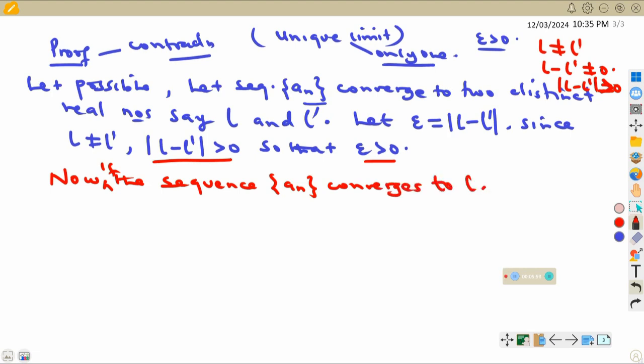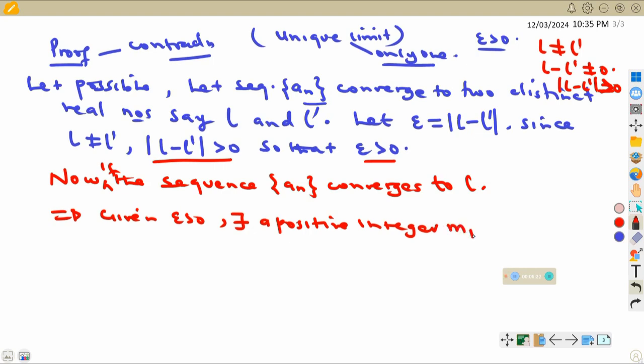By definition, for a given epsilon greater than 0, there will exist some positive integer, which we can call m1.